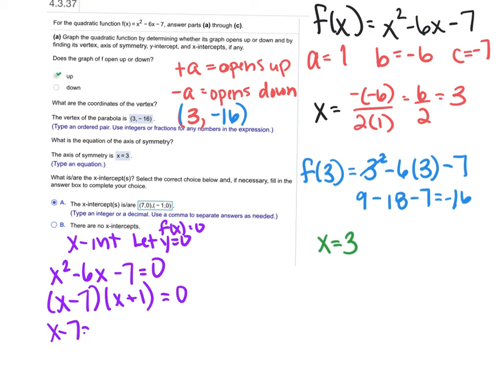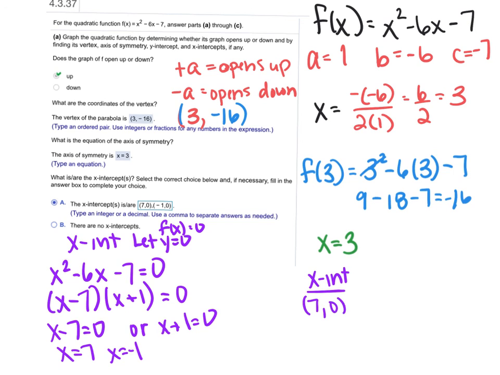So I get x minus 7 is equal to 0, or x plus 1 equals 0. Changing the signs, I get x equal to 7 because the 7 jumps the equal sign. The positive 1 jumps the equal sign, so I get x equals negative 1. So my x-intercepts, written as points, remember these are points, are 7, 0 and negative 1, 0.